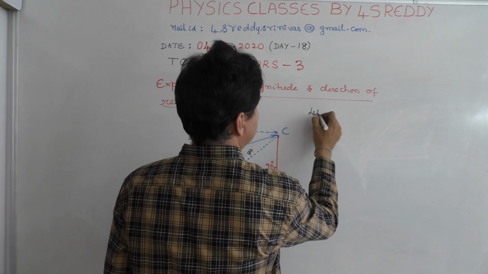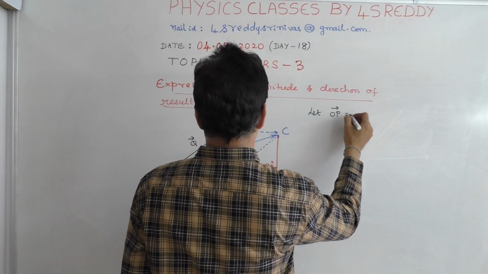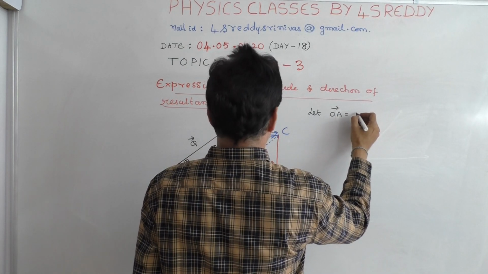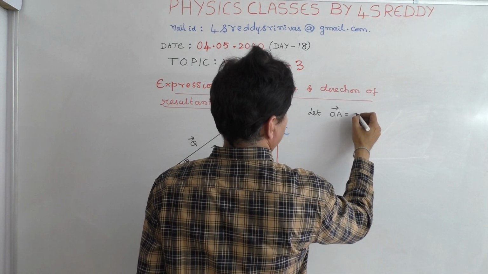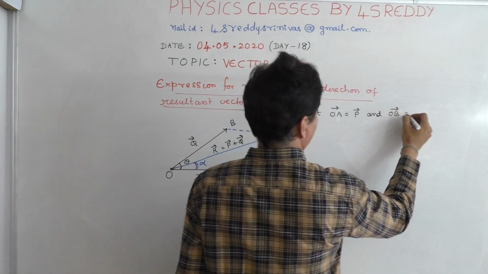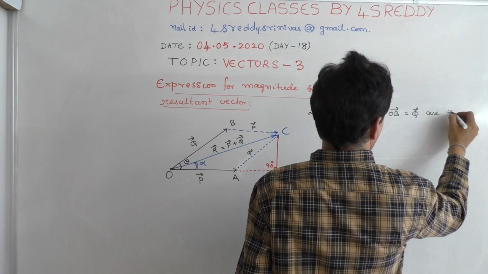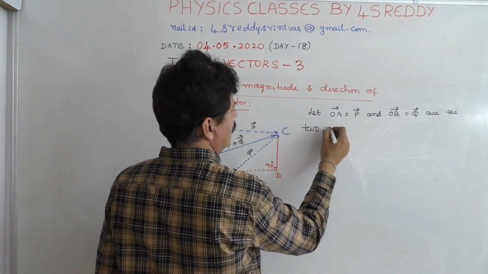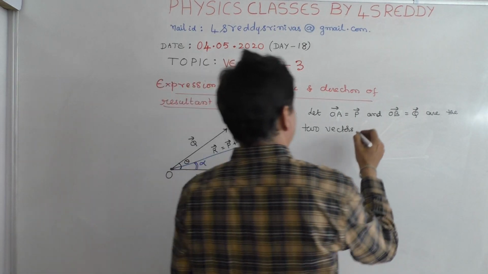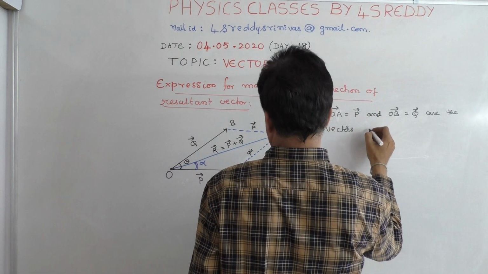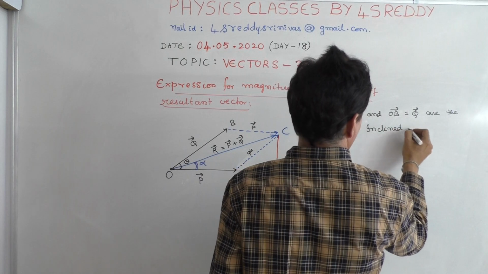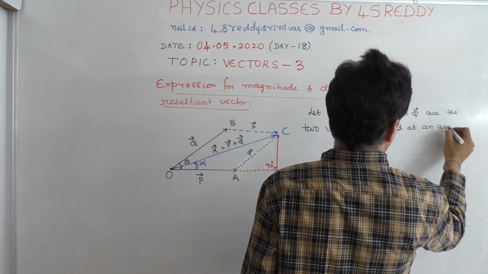First what we have to assume is let OA bar be P bar and OB bar be Q bar, the two vectors inclined at an angle theta.